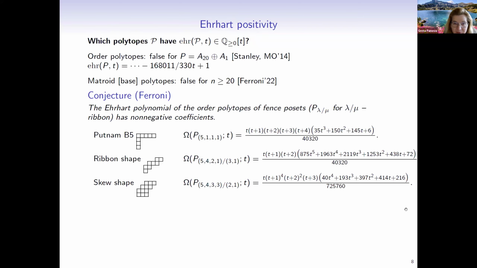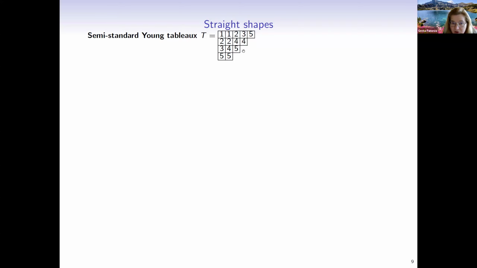If you have a straight shape, meaning that you just have one Young diagram and you're not removing anything from it, the first thing that we study in algebraic combinatorics is the semi-standard Young tableaux. These look like plane partitions, except that now you have strict inequalities along the columns.